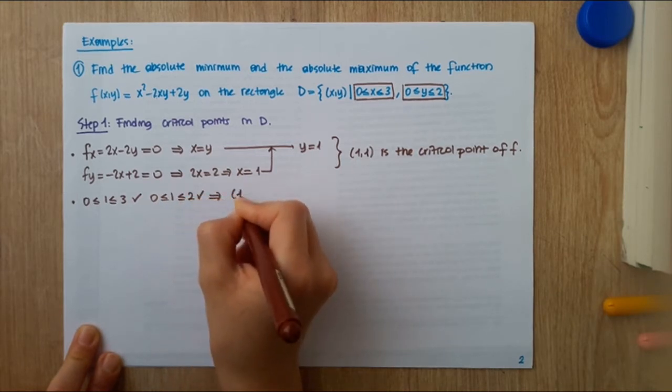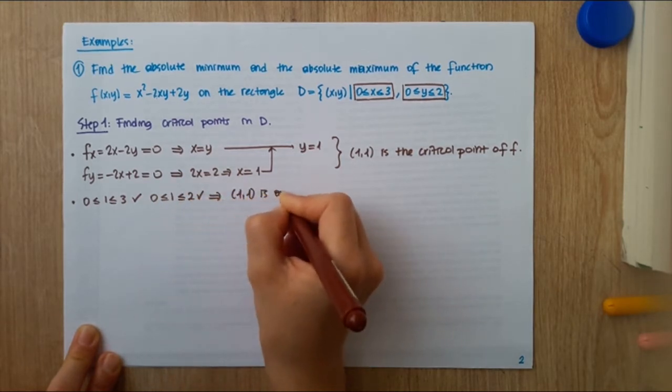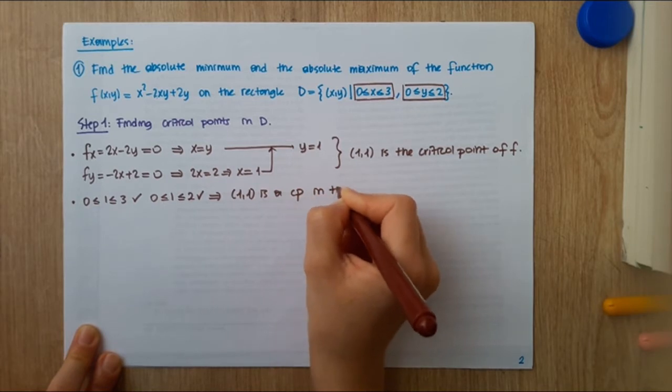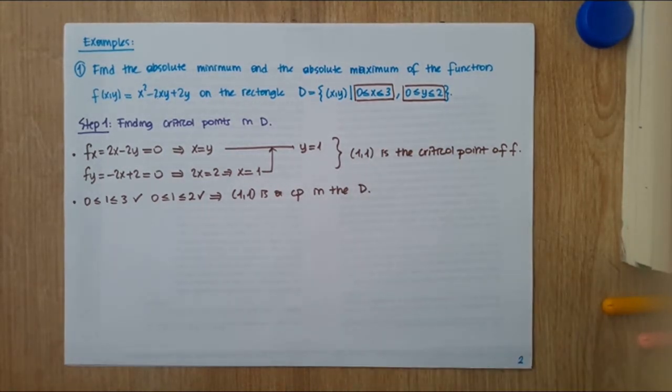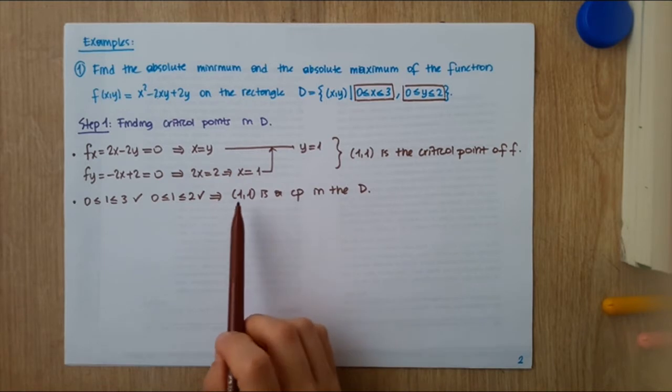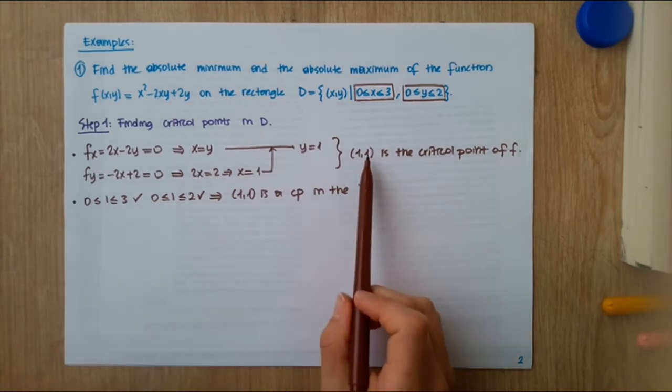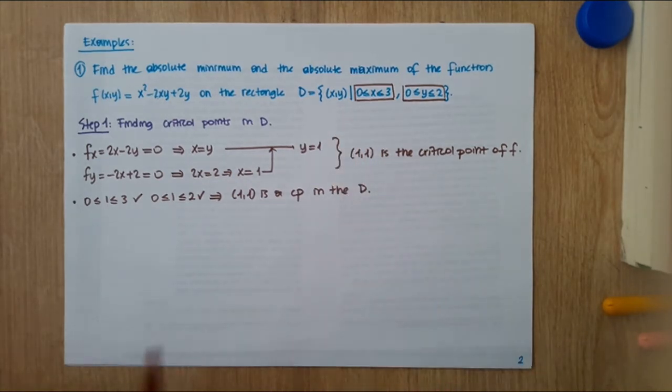So (1, 1) is a critical point in the given region. It means we will put this point on our table also. If it weren't in the region, then we wouldn't put this point on our table to compare the results. So you should check whether the obtained critical point is in the region or not.